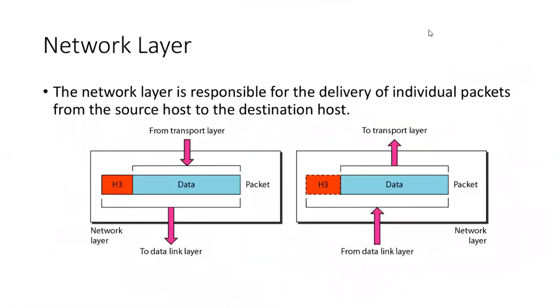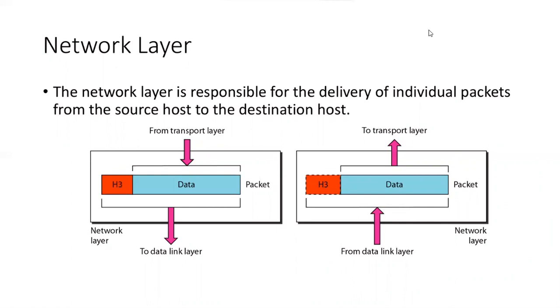Then comes the network layer. It is the responsibility of the network layer to transmit the data from the source to the destination. Now it is not hop to hop, but from source to destination. Here you can see the same thing happens. The source receives the data from the transport layer and a header will be added.